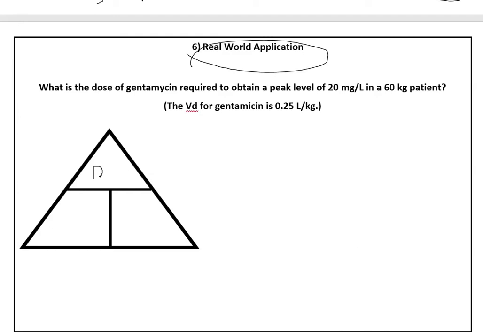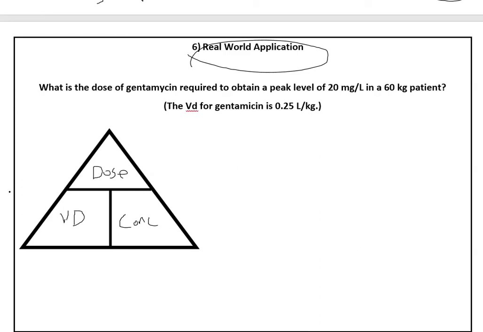So the dose of the drug is equal to the volume of distribution times the concentration of drug found in the body, right?